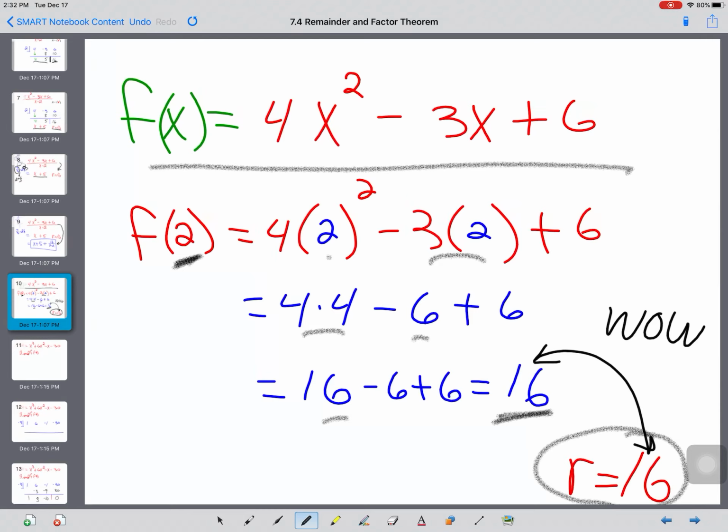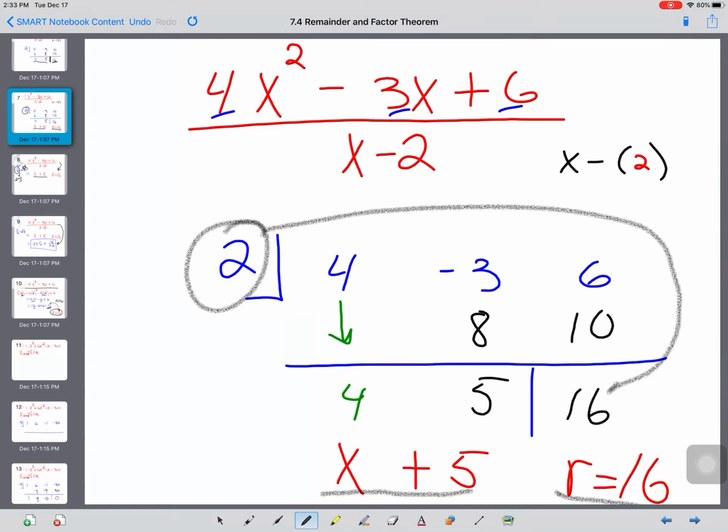That's what the remainder theorem says. When you take a polynomial and divide using synthetic division by a number, the remainder that you get is going to be the same as if you put that number into the polynomial. So let me show you an example.